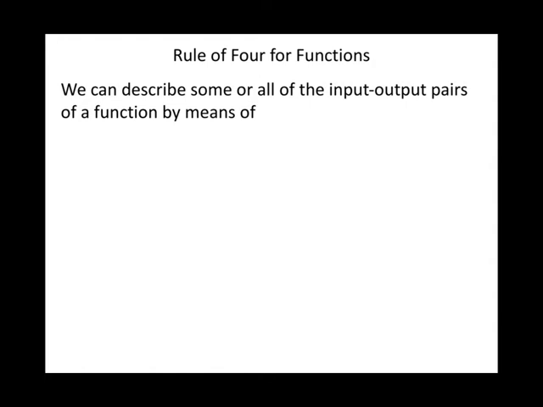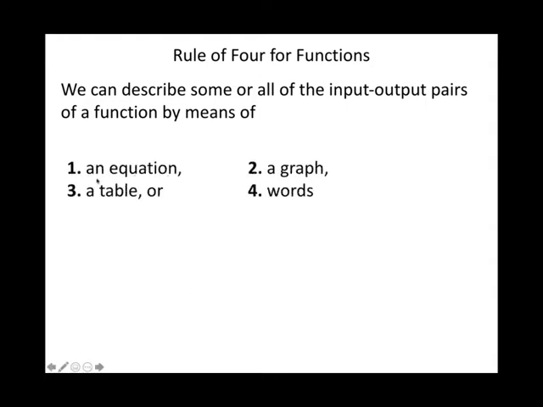The rule of four for functions. We can describe all of the input-output pairs of a function in several ways. We could use an equation, for example, y = mx + b, which describes the input-output pairs. A graph: we could draw a linear equation on a graph and look at the input-output pairs also.